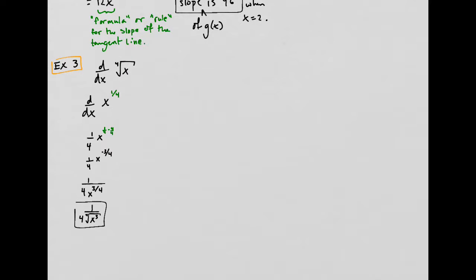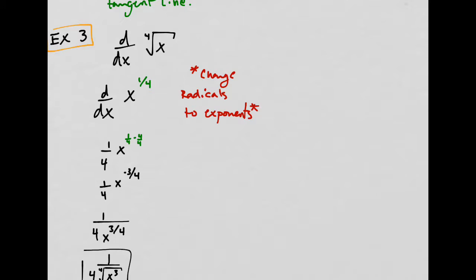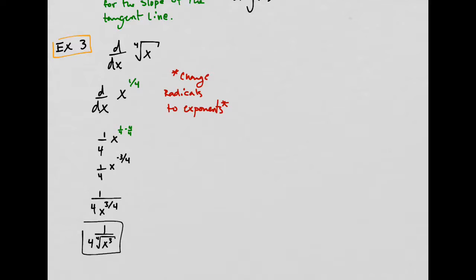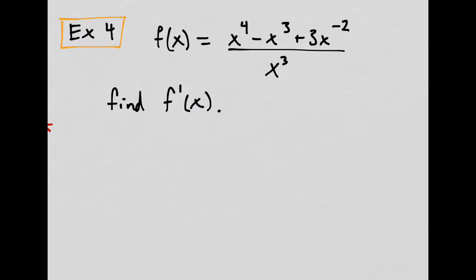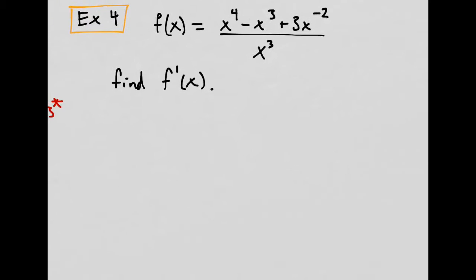Last example. Actually, you may want to write this little note. Change radicals into exponents. Then you could just use the power rule. Okay, so we have a fraction here. Later on, we'll learn a quotient rule, so we don't have to do this. But right now, we can use the power rule. How do we use the power rule?